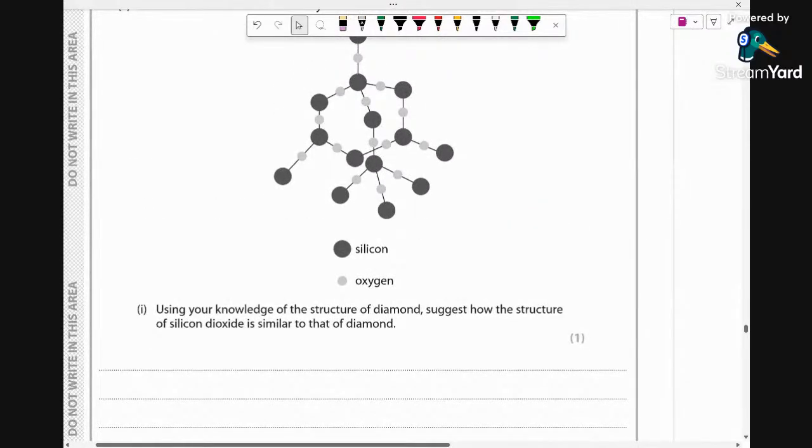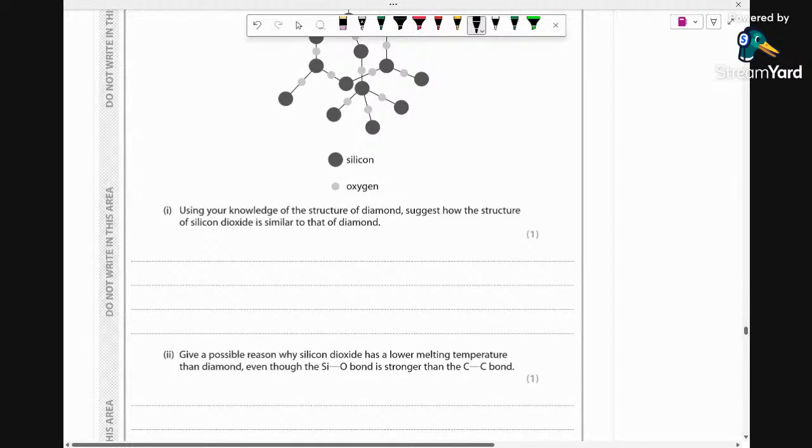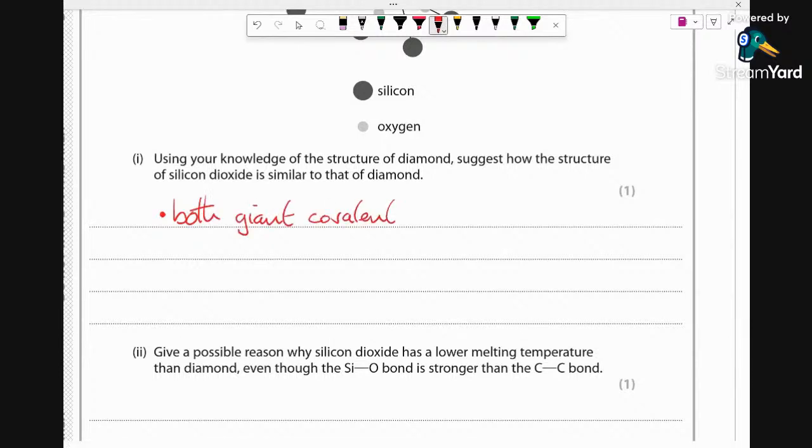Neat question. Use your knowledge of structure and bonding to suggest how the structure of silicon dioxide is similar to diamond. Oh, I like it. The atoms are silicon atom, Si atom. I should be doing this in red, really, shouldn't I? How the structure is similar. Both giant covalent structures, or macromolecular giant covalent structures. Shape, this is the thing I'm going to probably get, by the way.